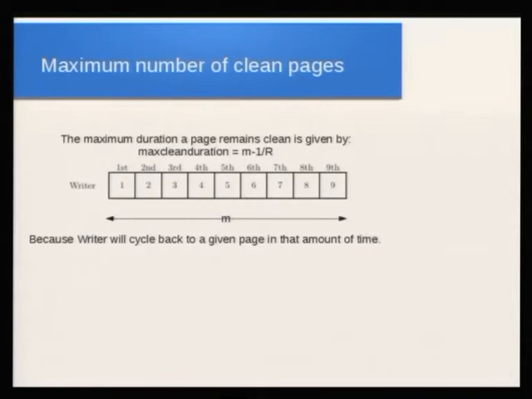So if you clean page 1, let's say, and you have R equals 3, you're going to walk the first time unit there, then the second there, then the third there, and the fourth there. So a given page will remain clean for at most the length of the writer sequence divided by the ratio, because the writer cycles back to that page in that amount of time.